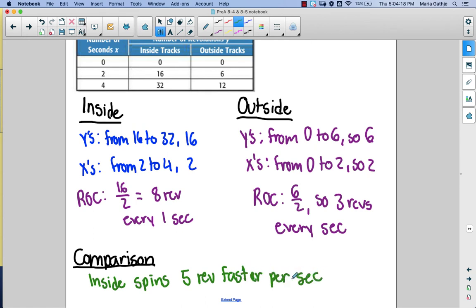Or you could state it the other way and say the outside spins 5 revolutions slower per second. So you would need to state one of those two things as your comparison. You don't need to have both. You either need to have the first one or the second one. So that lets us look at two different rates and compare how they are moving.